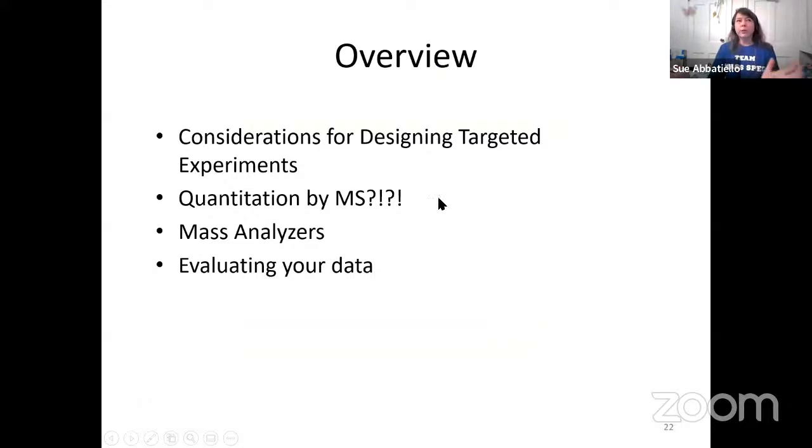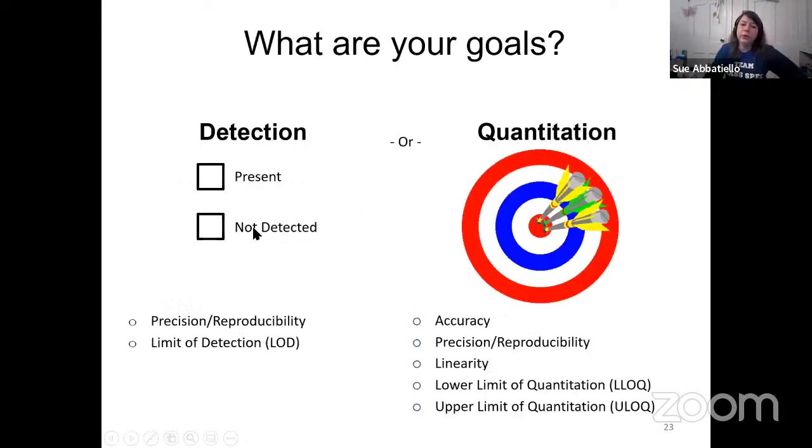So which are the best options? Some people have already started asking these questions, like what are the considerations for designing targeted experiments? Can you quantify by MS? What is the best mass analyzer, if you even have a choice? And then how do you evaluate your data? So the goals of moving from whole global quantitative proteomics to targeted proteomics is you need to understand what answers you need to get for the questions that you have.